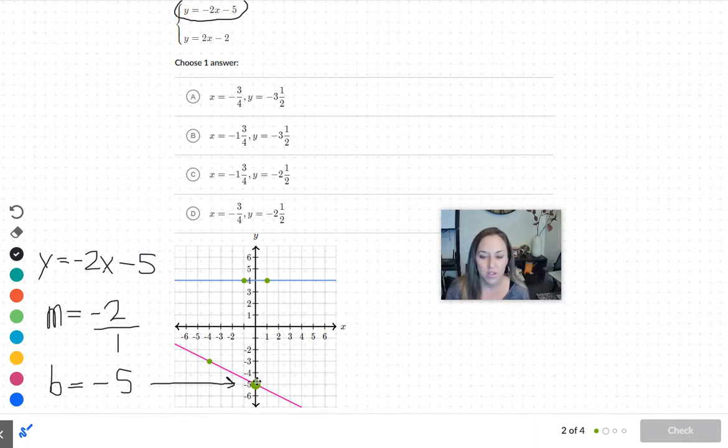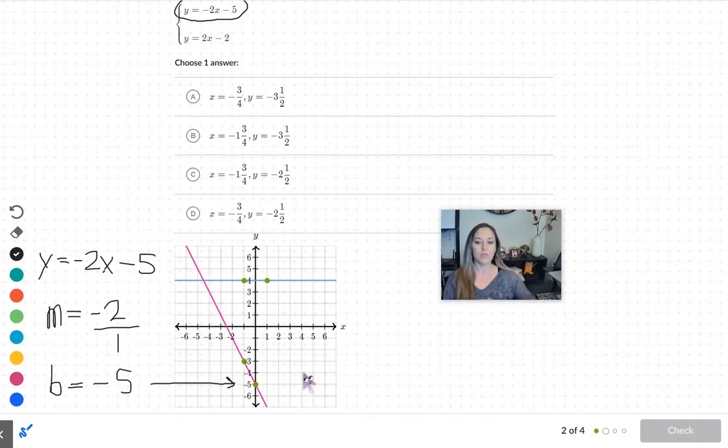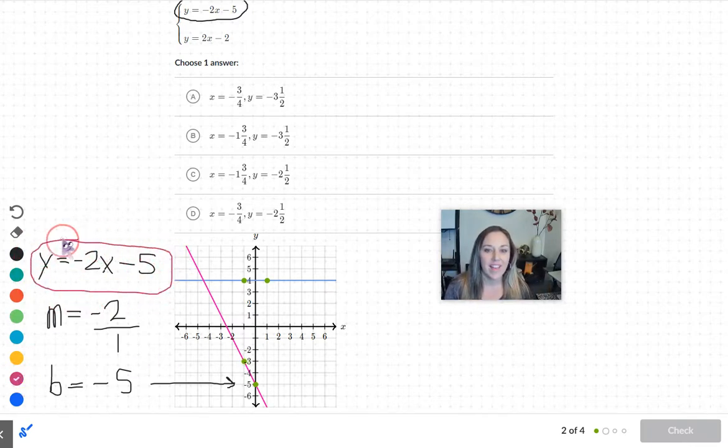So I put my cursor down here at -5. I'm going to count up 2 and to the left 1. That's where I need that green dot to be. So double check. Did it cross through the y-axis at -5? Yes, it did. And does it go up 2 to the left 1? Yes. So I have correctly graphed y equals -2x minus 5.